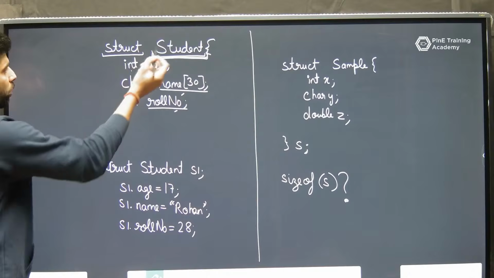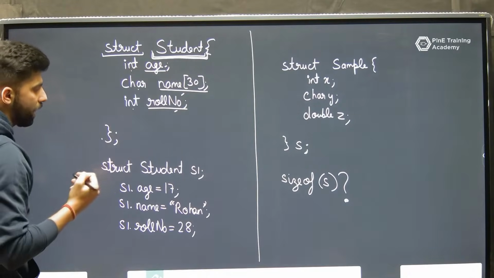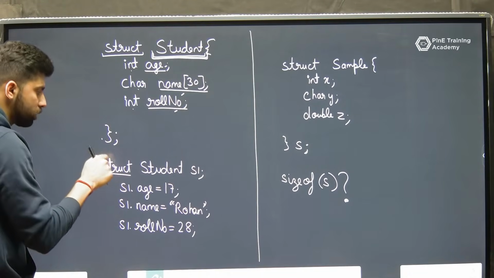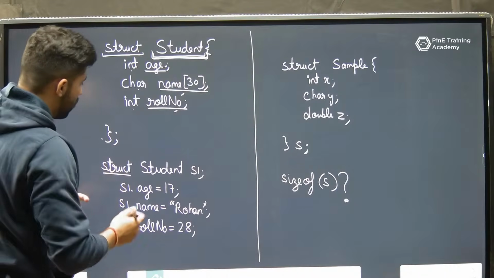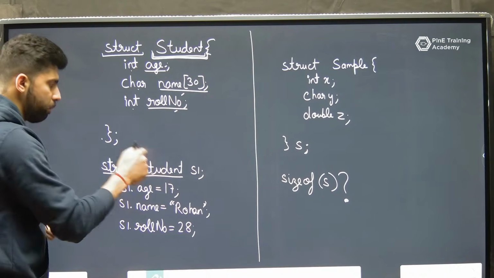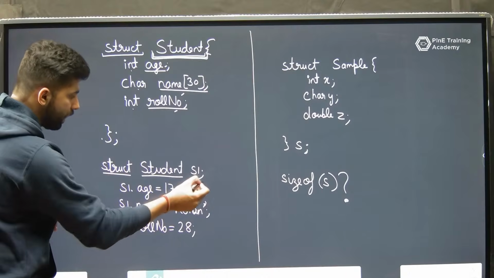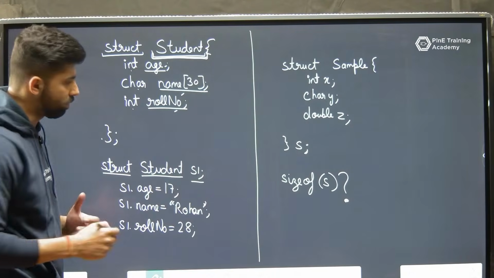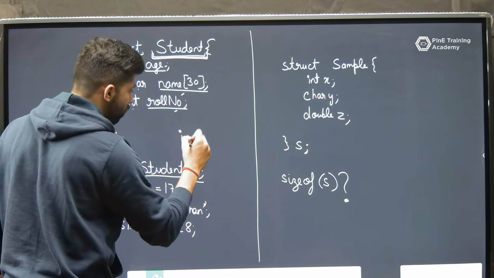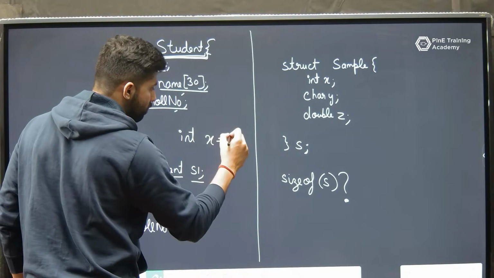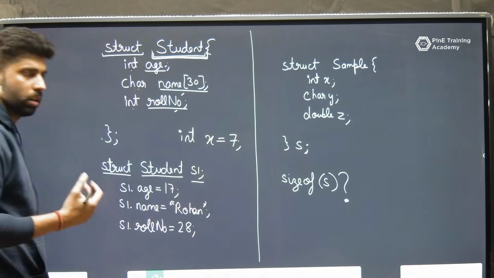So to create a variable from this data type, we use this keyword struct again, then the name of the data type, and then the name of the variable. So it is similar to what we write normally, int x equals 7.